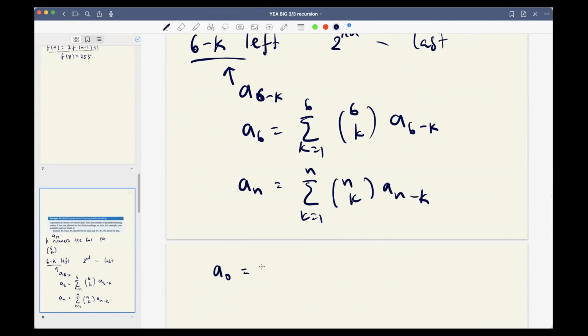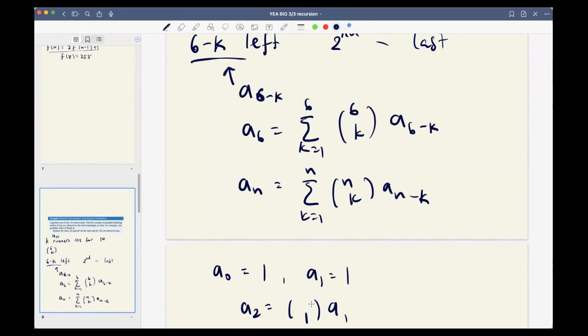So A0 is equal to 1. Of course, if you have 0 people participating, there's one way that the standings could look. Then A1 is also 1. And then from there, if you wanted to work through this, for example, we could have, sorry, we're not using 6 in this case because we're looking at 2.